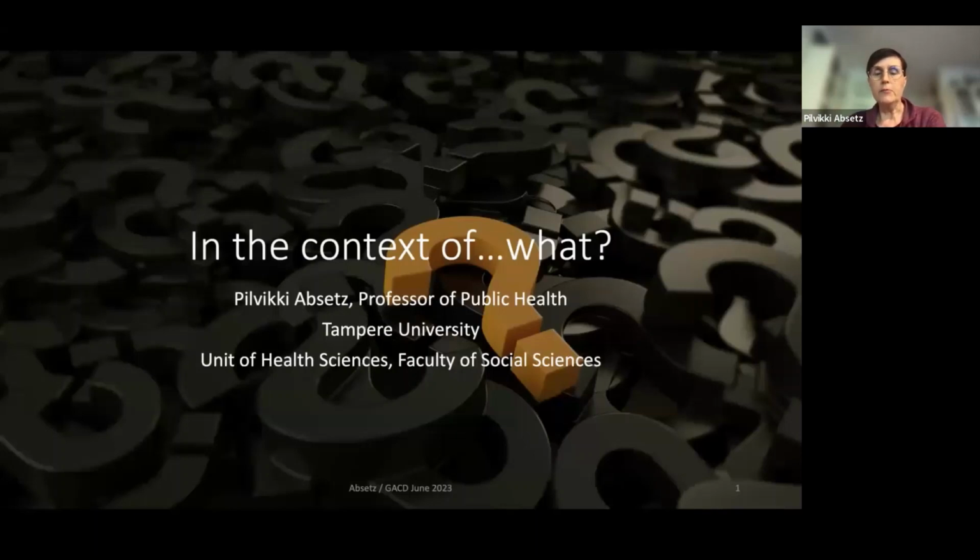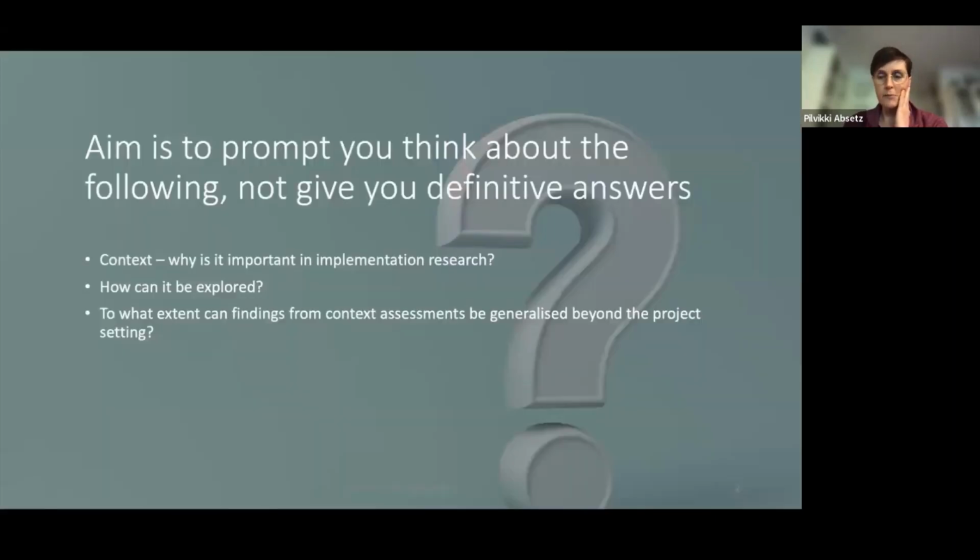And today my topic is context, and I'm not talking from an expert position on context, but more like having started to think about context in a more profound way, and trying to find my way on a path that I feel will be a long one, with confusion, but also hopefully rewarding in some sense.